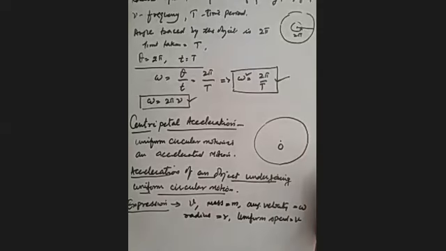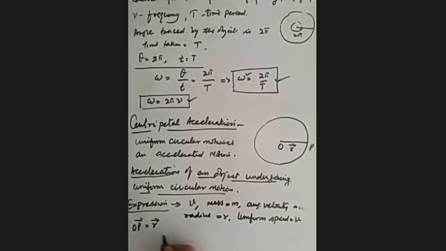The center is O. Let us say the particle at any time t is at point P. So this is the position vector, and its magnitude is equal to the radius. So OP vector is the position vector of the particle at point P at any time t.